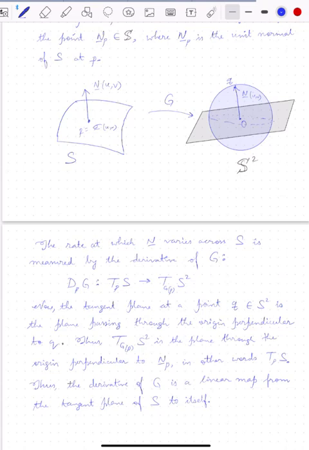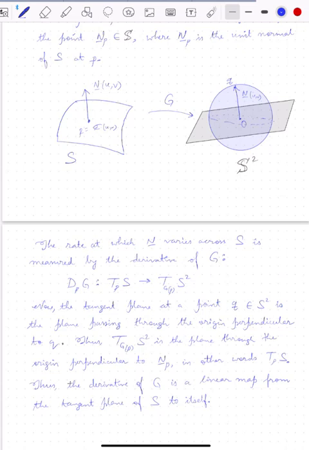Since Q is the normal, it is a unit vector, so of course it defines a normal to a plane, and that plane has to pass through the origin because that's where we determine all the points in the tangent space, right?